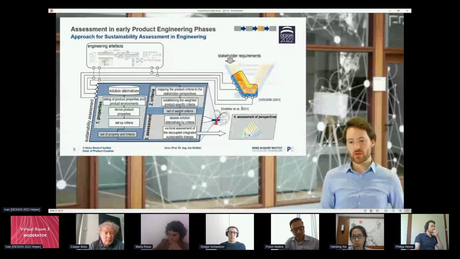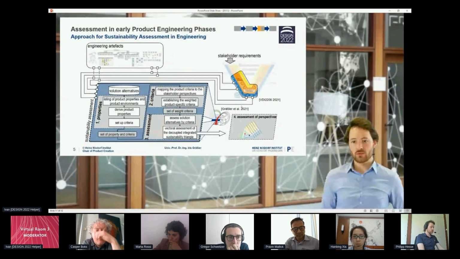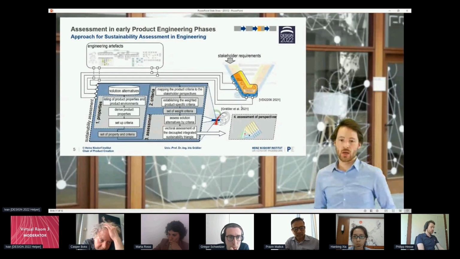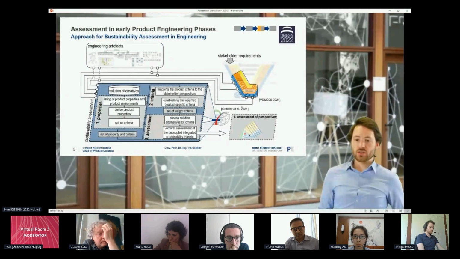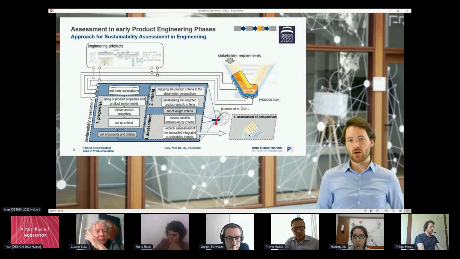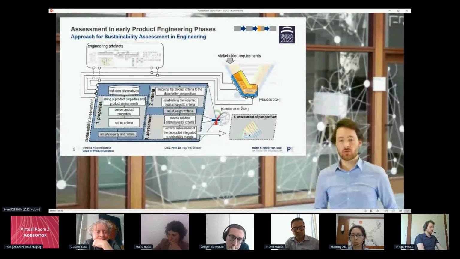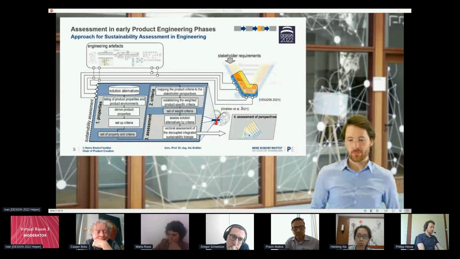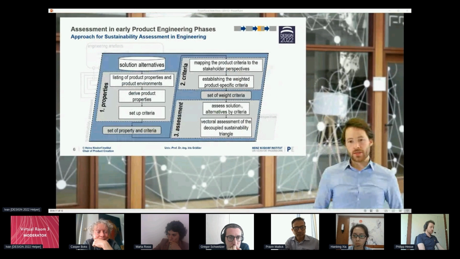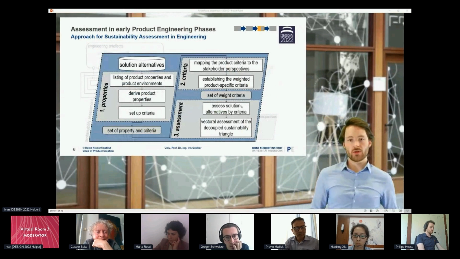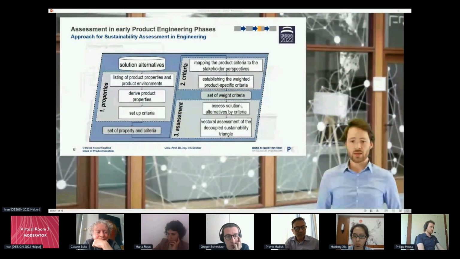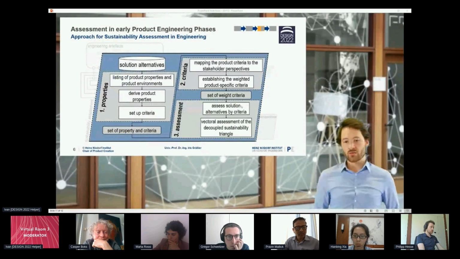So let's talk about the approach of sustainability assessment in engineering. This approach is located in the system architecture and the implementation of system elements inside the V model of the VDI 2206. And the result of this assessment are 5 different decoupled sustainability triangles, 1 triangle for each product life phase. Let's jump in. First, we have the solution alternatives, and we assess them by 3 steps: the properties, criteria, and the assessment.